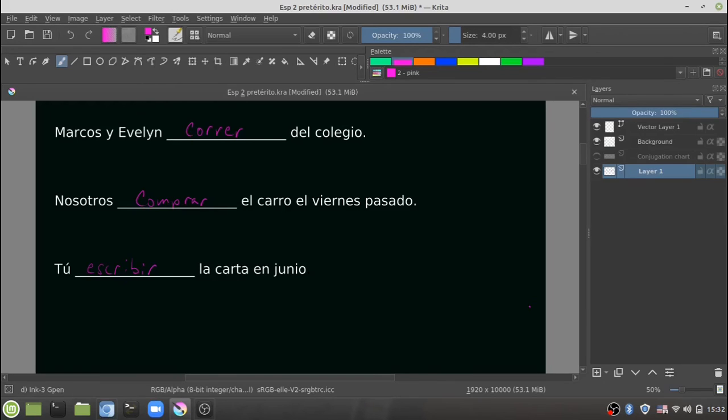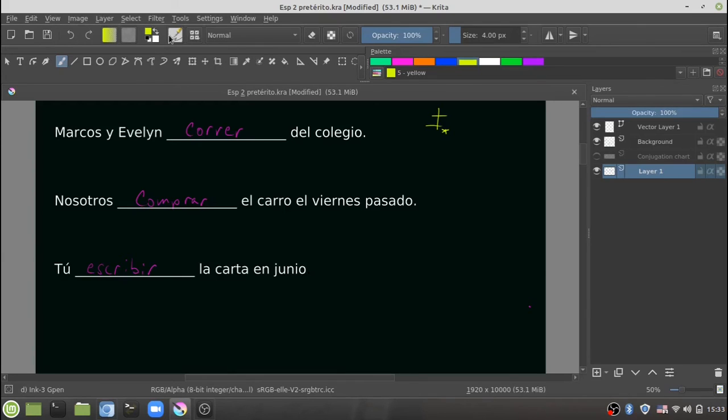Alright, so here we go. We're going to take Marcos y Evelyn. Now, once again, if we're talking about our handy dandy little chart that helps us with conjugation of verbs, Marcos y Evelyn is not on that chart. So we got Marcos, which is a boy, and I'm not talking to him, I'm talking about him. And we've got Evelyn, which is a girl, and once again, I'm talking about her, not to her. Both of those are third person, so what we have is third person plural.